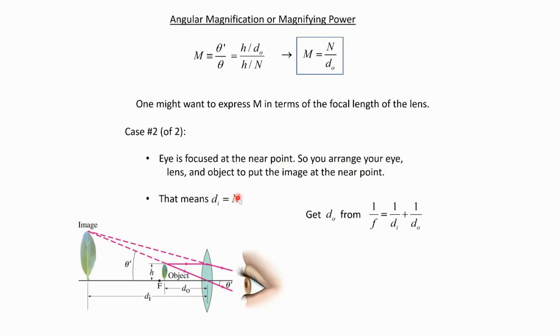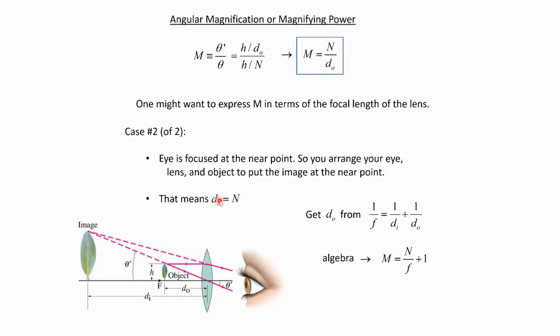For the image distance, we've got the near point, because that's where we put the image. And the focal length is f. So we can take this and solve it for d0 and stick it in the equation up here. And then we get this.